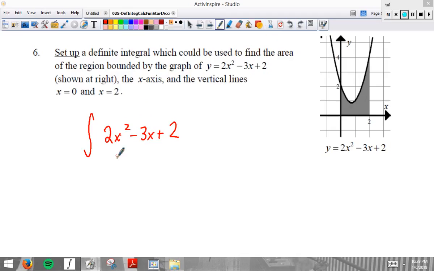So that's the integrand. We're going to start counting the area at x equals 0, and we're going to stop counting the area at x equals 2, with respect to x. That's it.